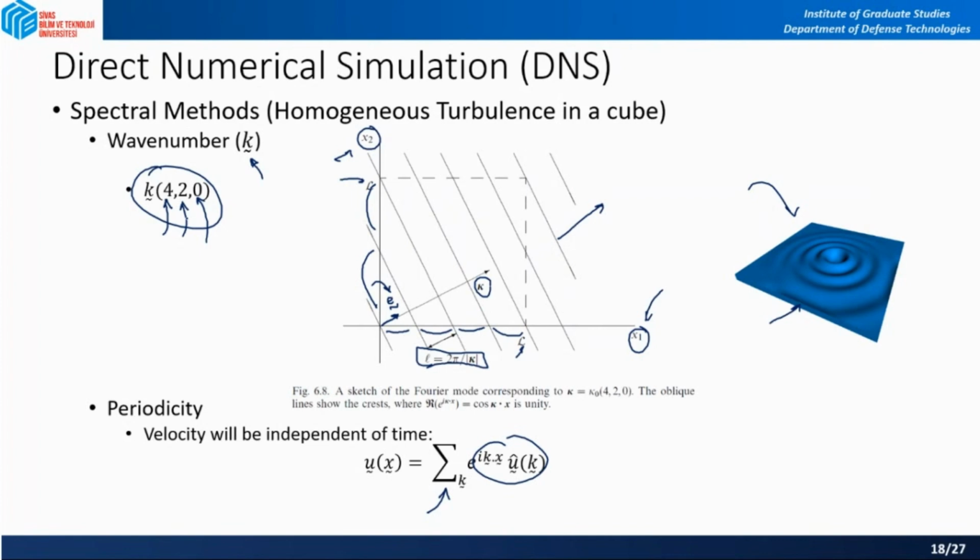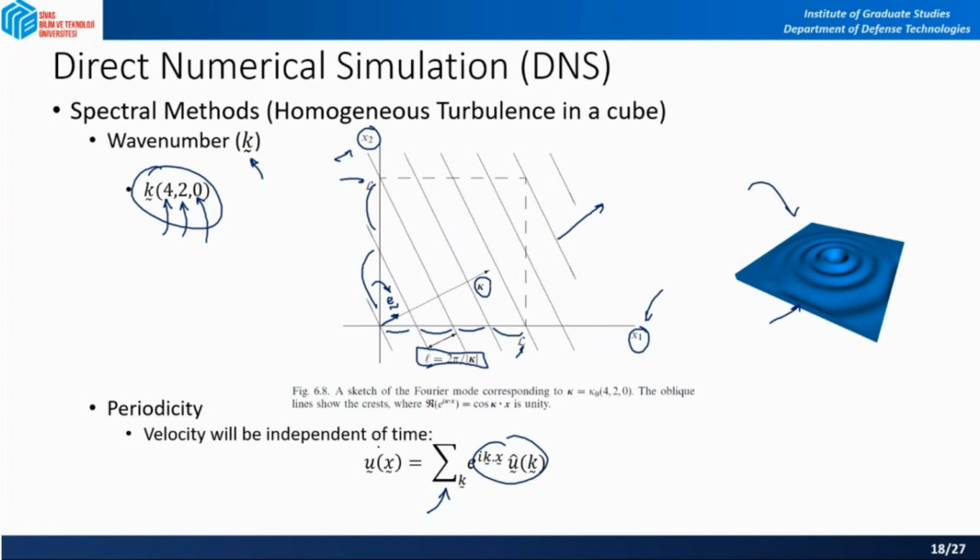So accordingly, we can consider the cube that has a size of L in physical space, and we just said that this L is much larger than the turbulent integral length scale. So if it is periodic, then it will be independent of time. Okay?